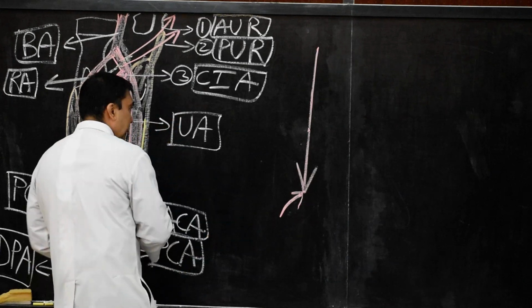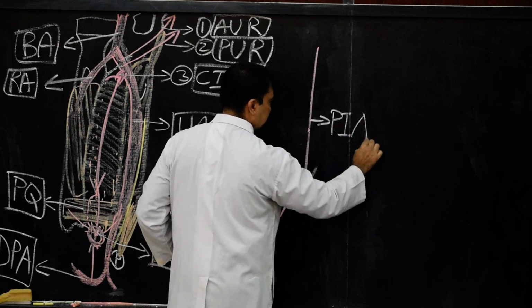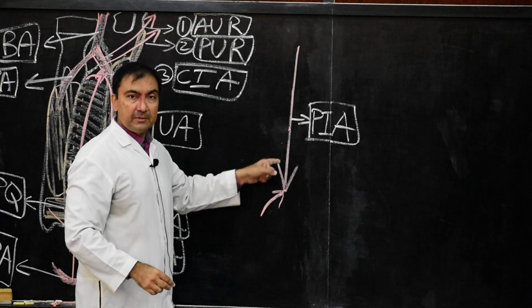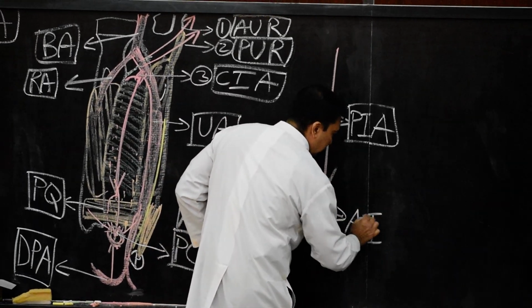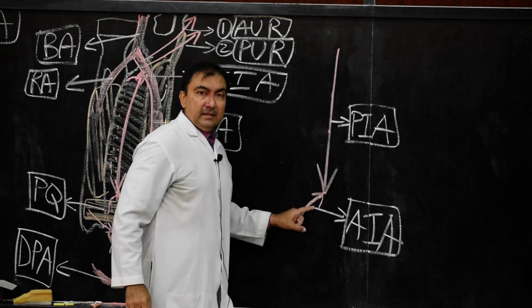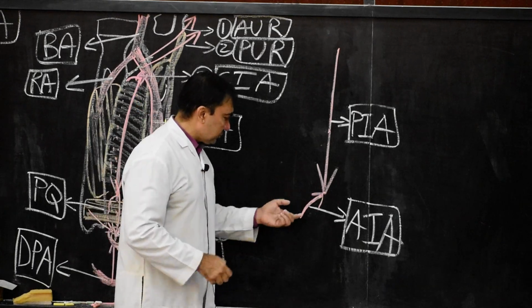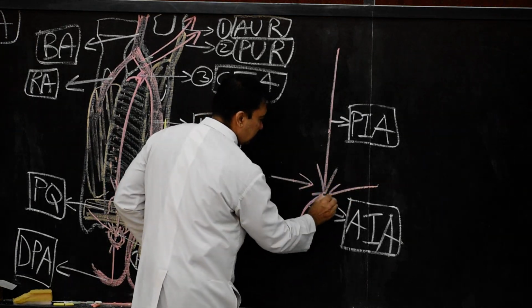So if you name this the posterior interosseous artery, remember this is in the posterior compartment, posterior to the interosseous membrane. Here, this is the anterior interosseous artery, which is passing into the posterior compartment between the interosseous membrane and pronator quadratus. And here also it will receive one branch from the radial and another from the ulnar.